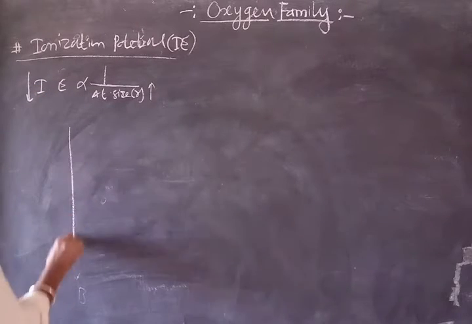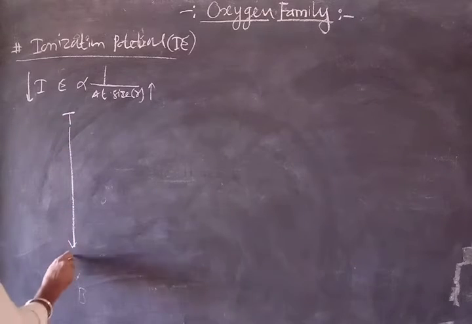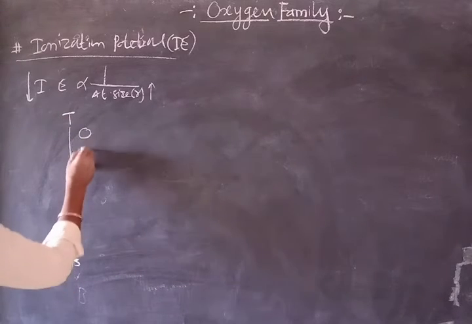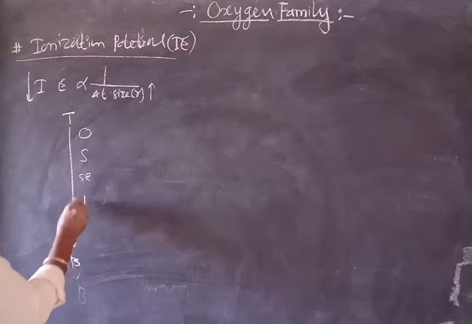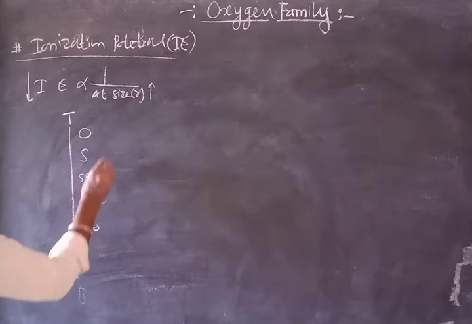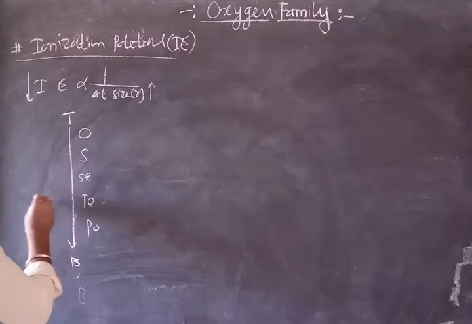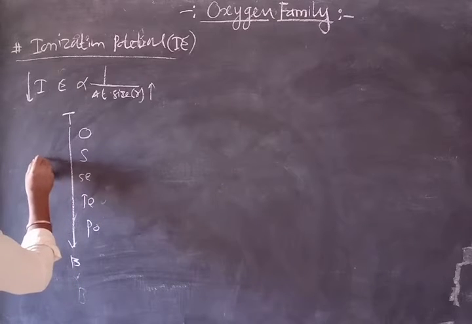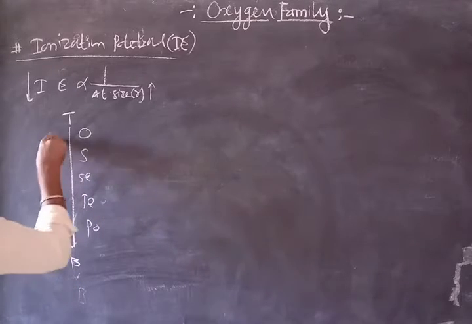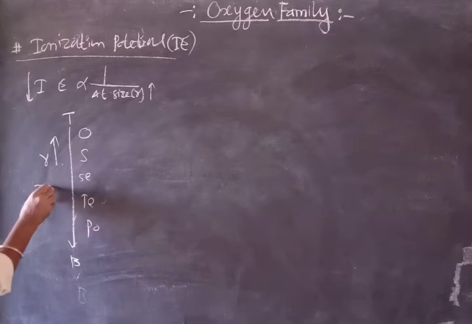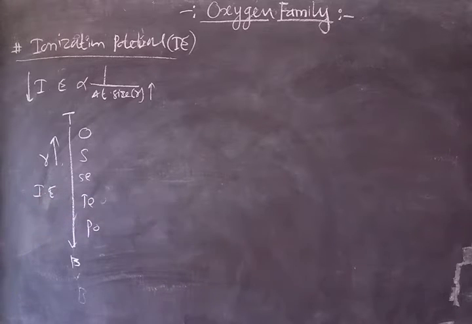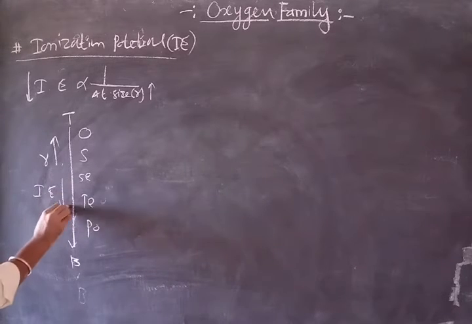So when we come down top to bottom in the oxygen family, we know that our atomic size R increases, so definitely the ionization energy must decrease.